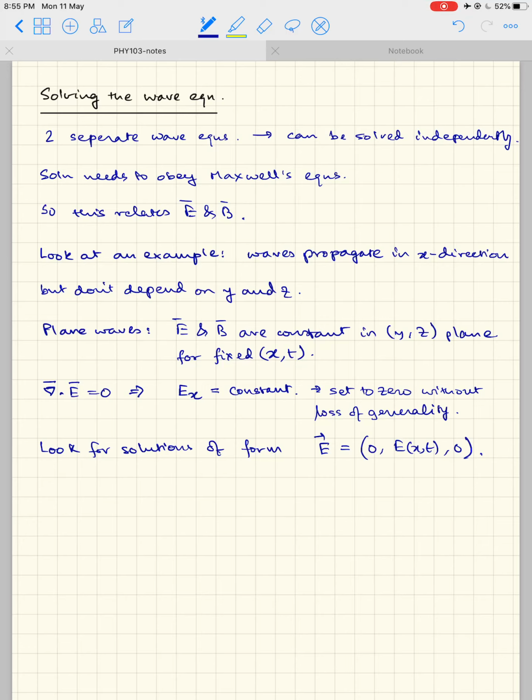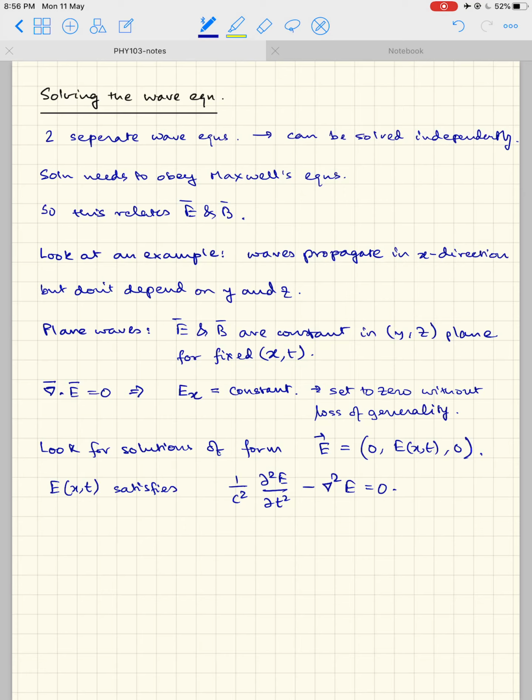Okay. So now, E_x(x,t) satisfies the wave equation. The wave equation is 1 over c squared del squared E over del t squared minus del squared E is equal to 0. So now what do we have?